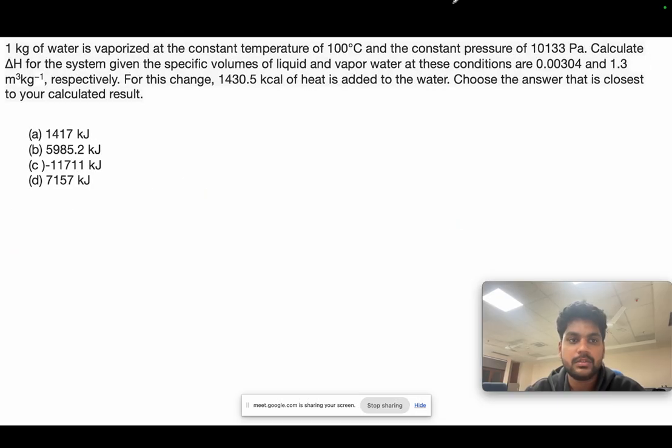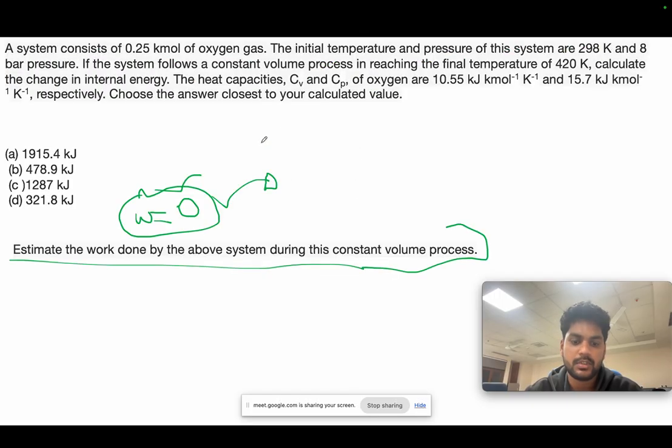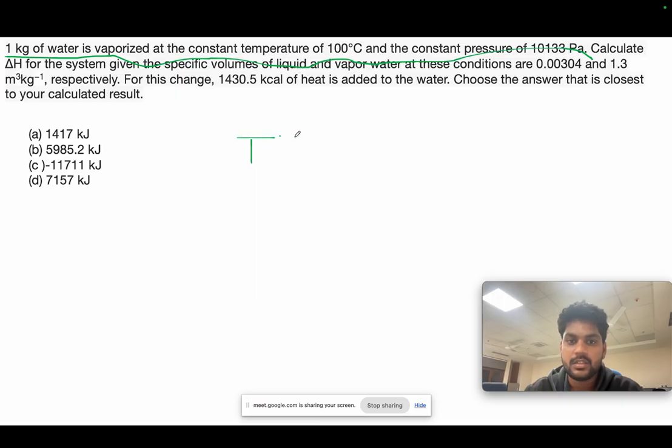Now they have given the next question. 1 kg of water is vaporized at constant temperature and constant pressure. So now T is constant, P is constant.